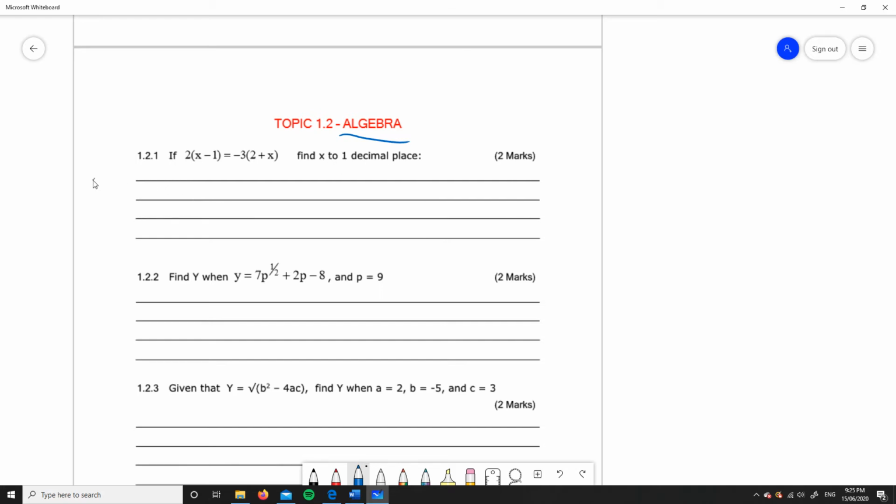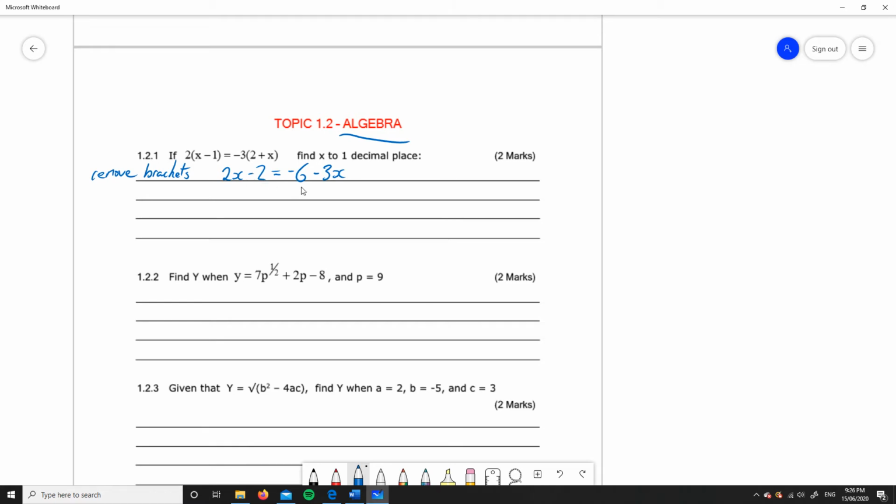So step 1 is to remove the brackets, which is essentially going to be (2x minus 2) equals negative 6 minus 3x.